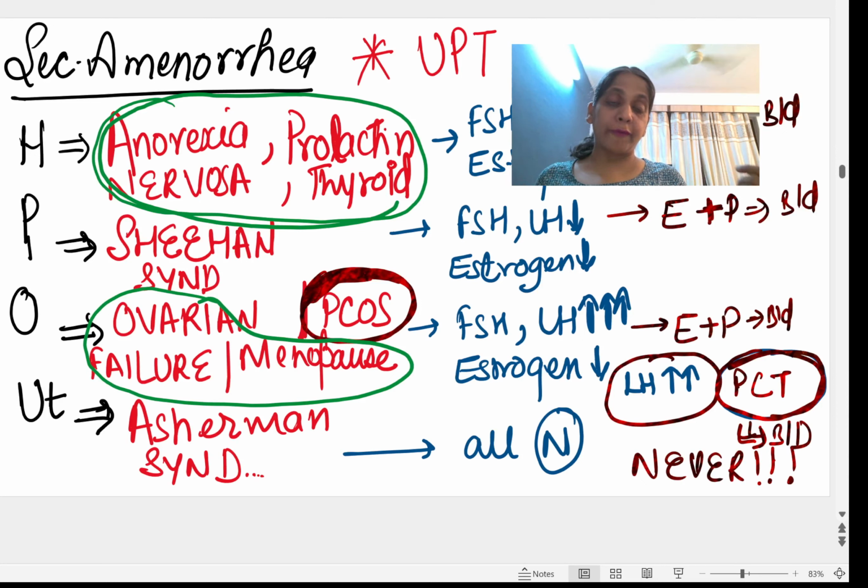When no FSH is formed, then no follicle will get stimulated, and when there is no LH, then no ovulation will occur. Is it okay? So how does the suppression of HPO axis give the contraceptive effect? Because when HPO axis gets suppressed by the estrogen and progesterone through negative feedback, there will be no FSH. When there is no FSH, no follicle will get stimulated, and when there is no LH surge, ovulation will also not occur.